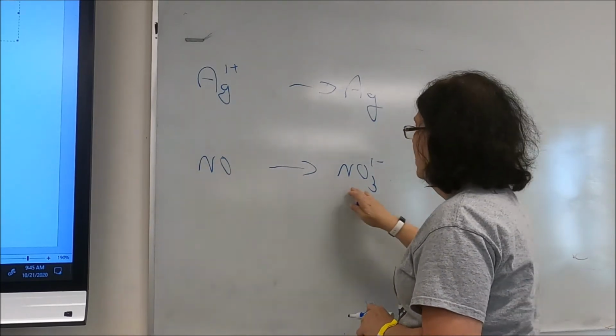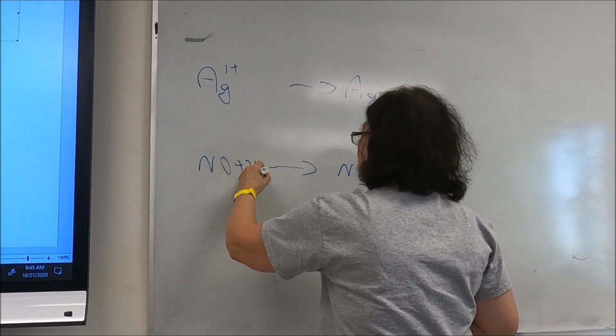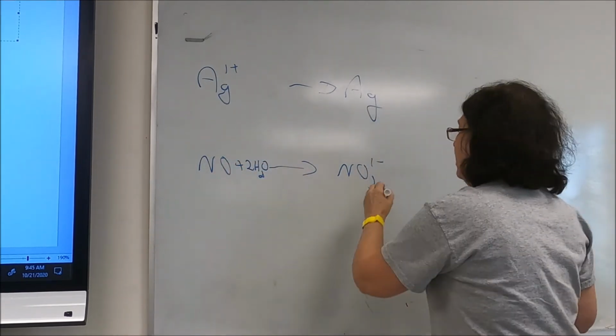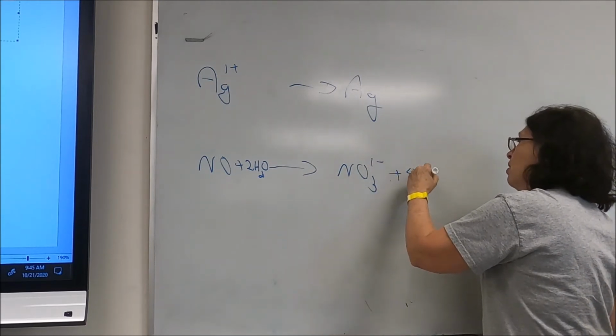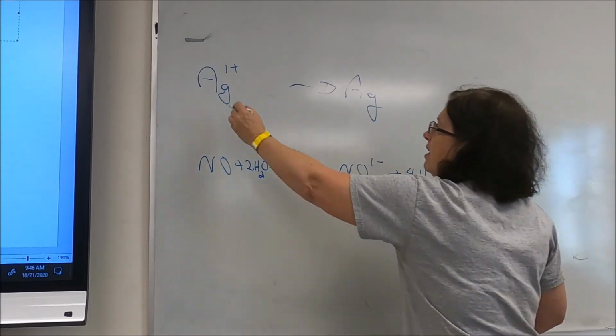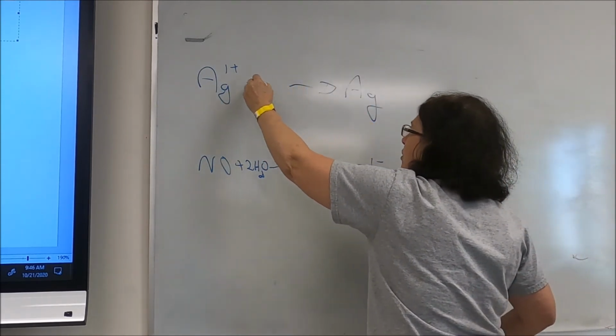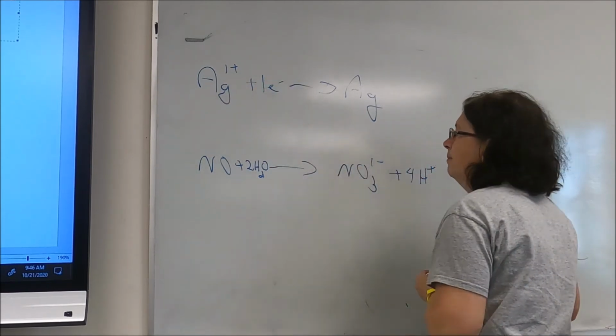I've got 1 oxygen here, I've got 3 oxygens here, so I'm going to have to add in 2 waters. That means I'm going to need to add 4 hydrogen ions here. Okay? Now, this has a 1+ charge and there's 0 charge here, so I need to add in 1 electron.